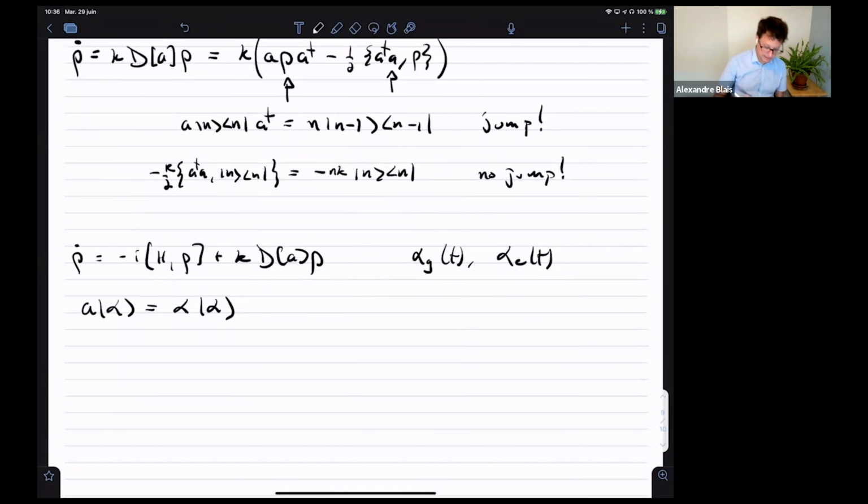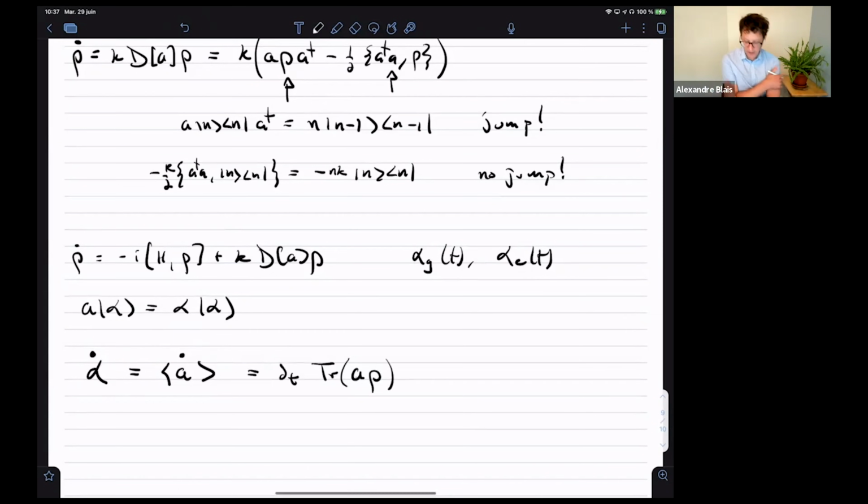What does that mean? That means that if I want to compute the rate of change, the equation of motion for these alphas, how they change in time, I can simply compute the rate of change of the expectation value of this operator A. So obtaining alpha dot, which will give me these trajectories in phase space, is the same as computing the time derivative of the expectation value of A. How do I compute it?